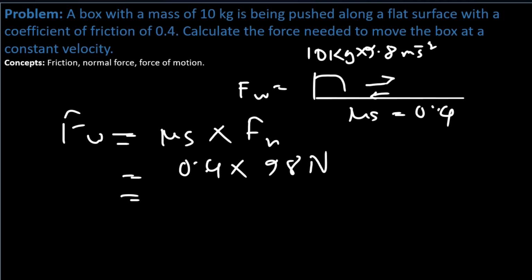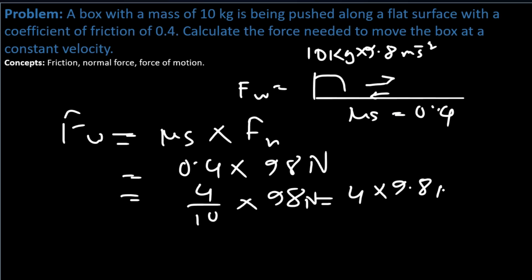So now we need to calculate 4 over 10 times 98 Newton. Ten goes over 98 and it gives 4 times 9.8 Newton. 4 times 8 equals 32, here 2 will come and 3 will carry, and 4 times 9 equals 36 plus 3 equals 39.